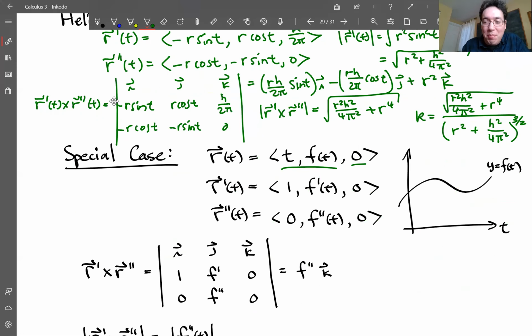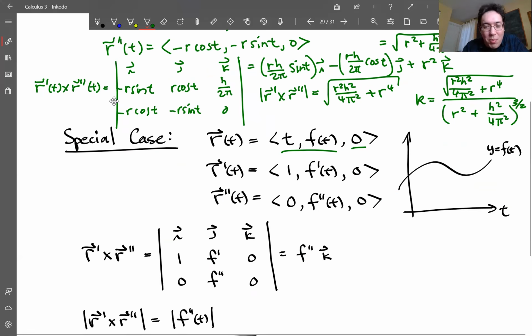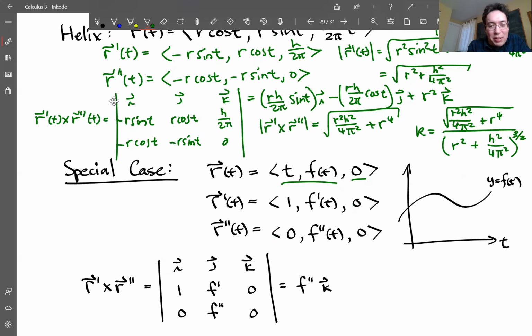We could still do that and make sense of curvature in 2 dimensions by imagining everything that fits within the xy plane. Okay, so let's take the derivative. So the derivative of t is just 1, and derivative of f is f prime, and derivative of 0 is 0. Take the second derivative. Derivative of 1 is 0, derivative of f prime is f double prime, and derivative of 0 is still 0.